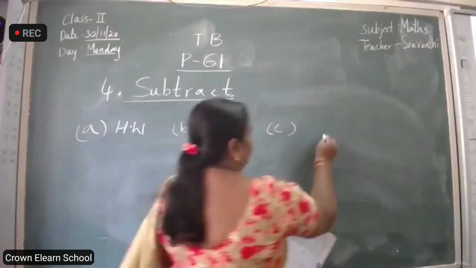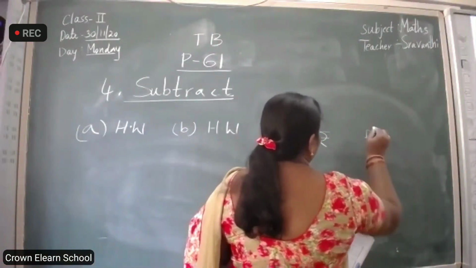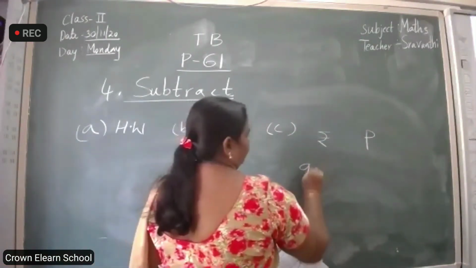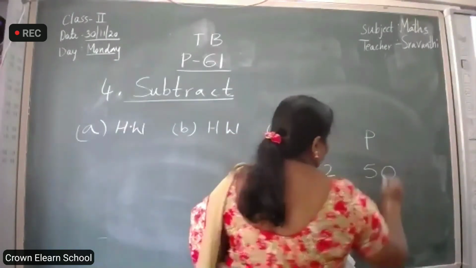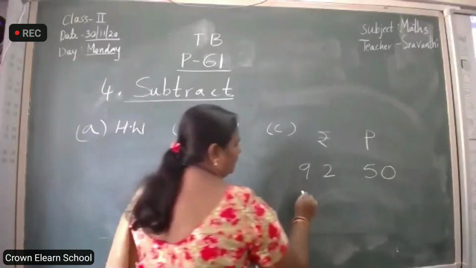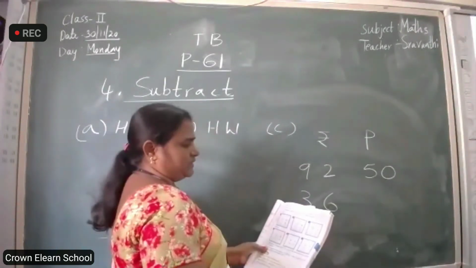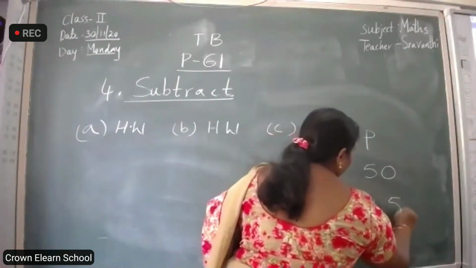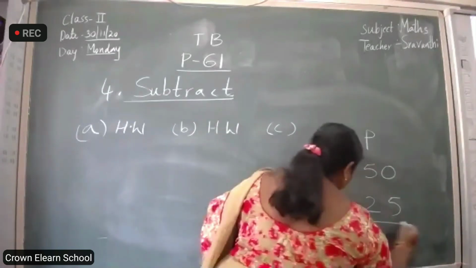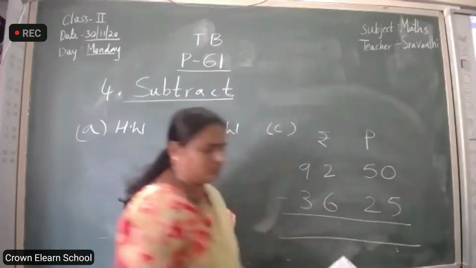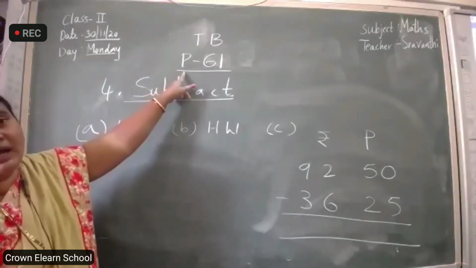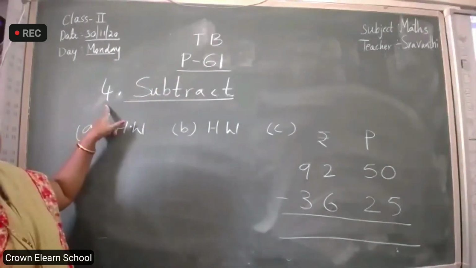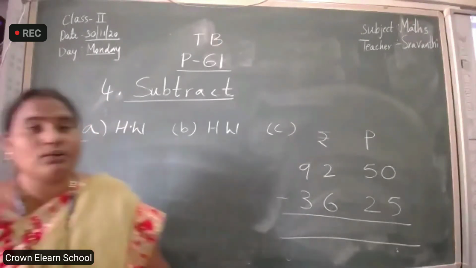Now, let us do C here itself. 92 rupees 50 paise, 36 rupees 25 paise, okay? Page number 61, 4th Roman.